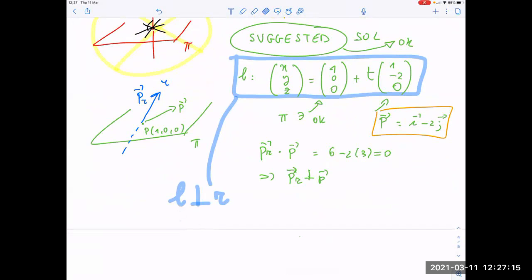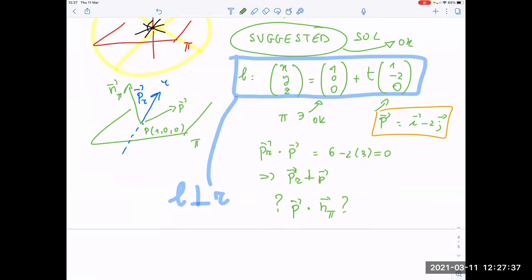And now we have to check that it is lying in plane pi. So we have to ask ourselves, what happens to P dot n pi? Because remember, you also want the line to be inside the plane. So it's two conditions.